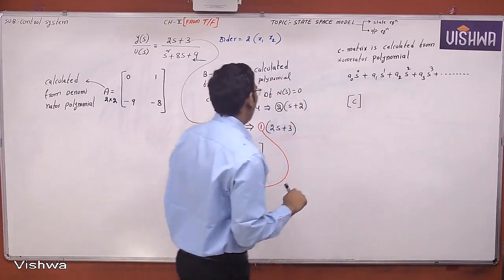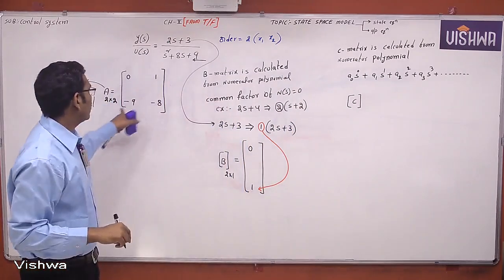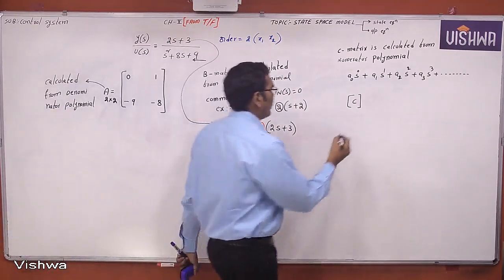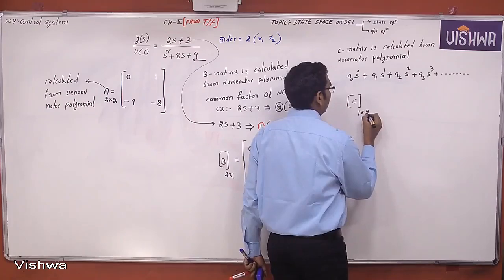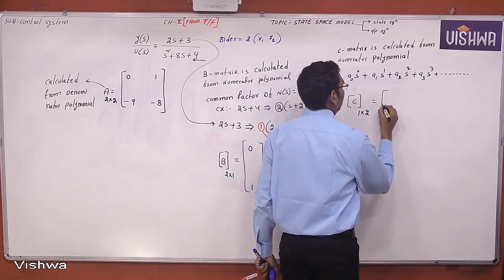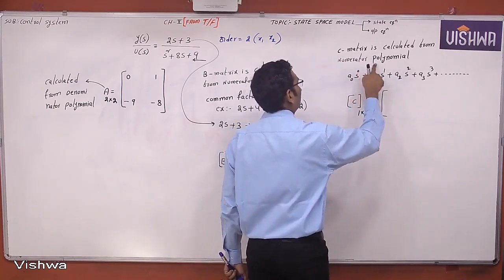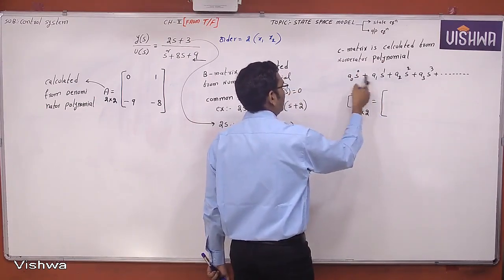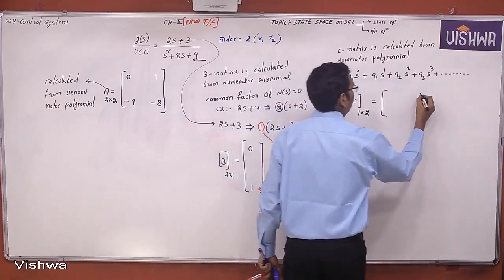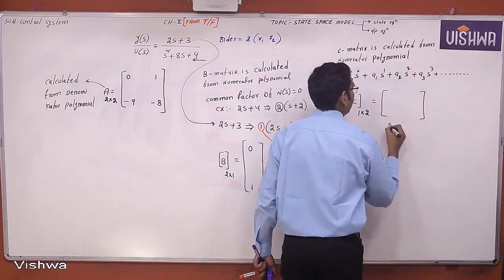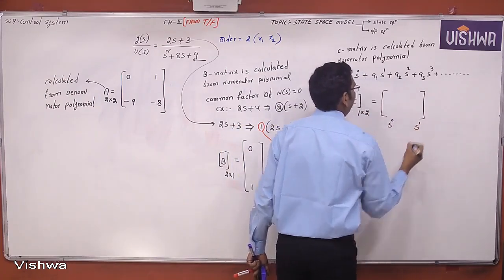You know that. Now what is the C matrix? Now this is 2 by 2, this is 2 by 2, this is 1 by 2. The C matrix is calculated from the coefficients of the numerator polynomial: s power 0 quotient and next s power 1 quotient.